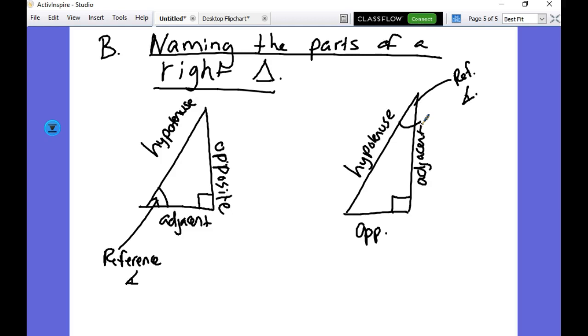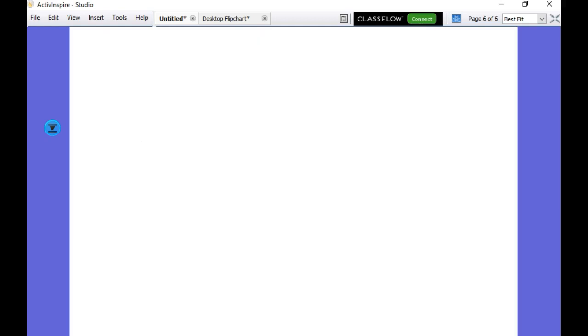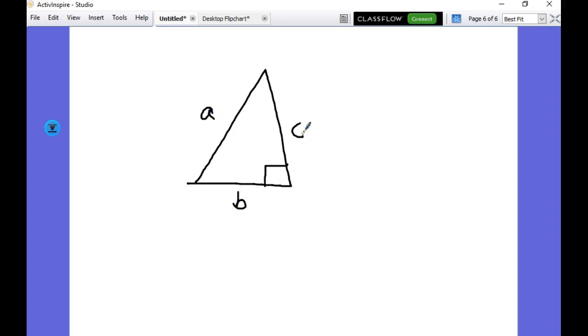So let's do a little drill and kill. You don't have to write this. You can, but it's not necessary. I'm going to draw some triangles up here. I'm going to label the sides A, B, and C, and I'm going to call that my reference angle. Okay? So I'm going to ask you which one's the opposite side.